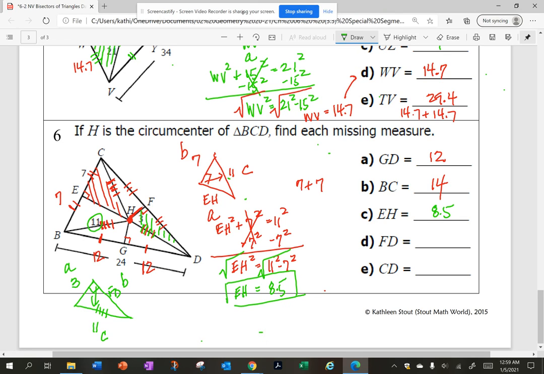So I'm going to set up 3 squared plus FD squared equals 11 squared. So I'm going to subtract 3 squared from both sides. So I get FD squared equals 11 squared minus 3 squared. And then I'm going to take the square root of both sides. So I get FD, rounding, is going to be 10.6.